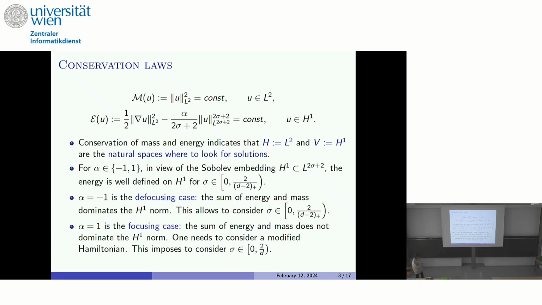So in the defocusing case, usually the restriction that you consider on sigma are this restriction here that are the condition that guarantees that the energy is well defined in H1.